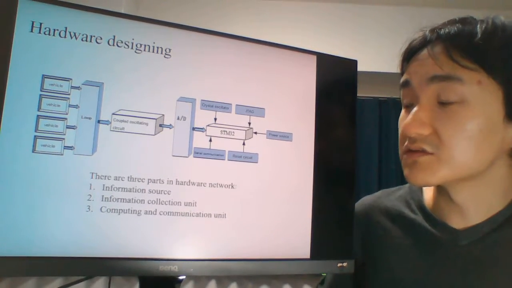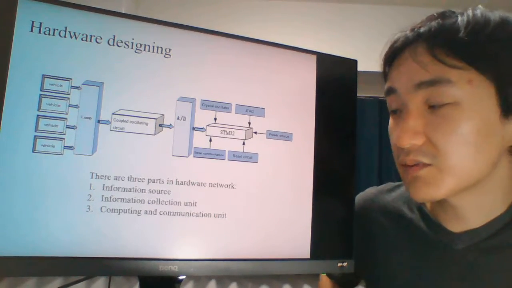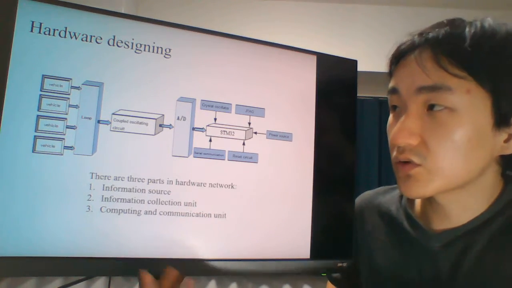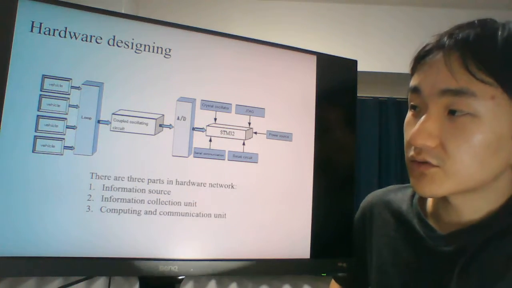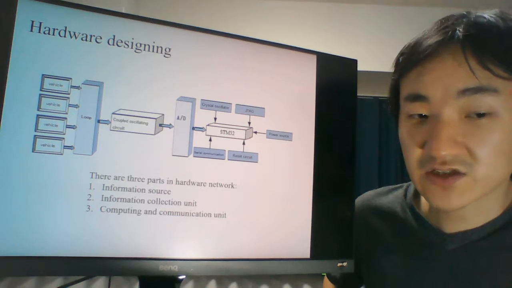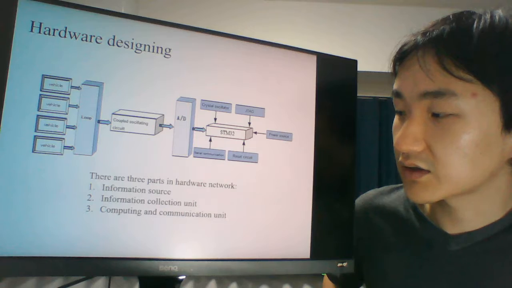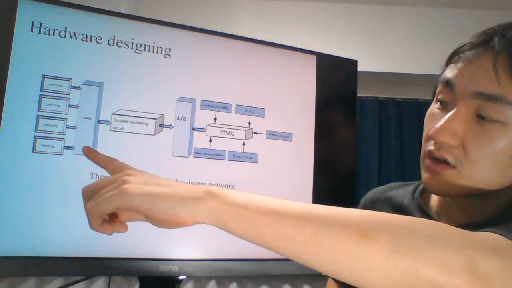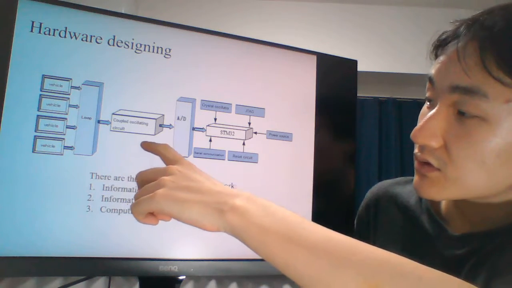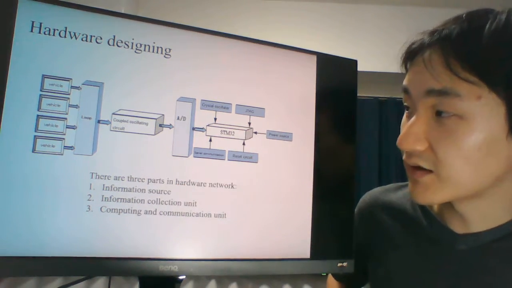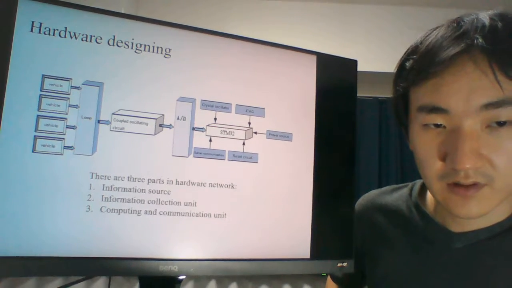And the hardware design. There are three parts in the hardware network. First, the information source, which is vehicles. Second, the information collection unit, which includes the loop, the coupled oscillating circuit, and the AD transform.